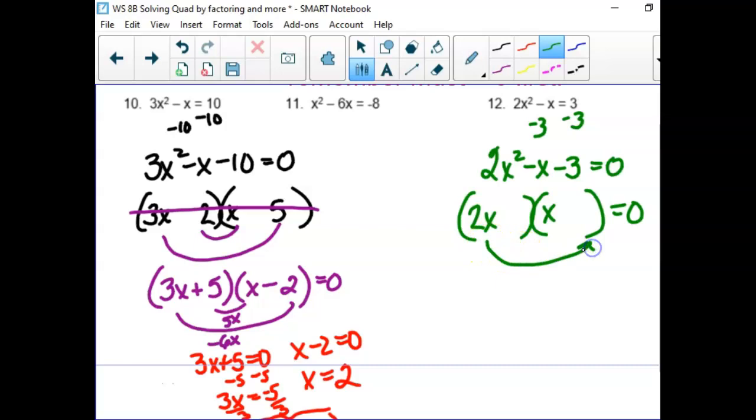Remember, this one's going to get multiplied by a 2. So putting a 3 back here would make that a 6, right? I think I'll try the 3 here and the 1 here. So right now I get a 2x, and in the middle I get a 3x. I want it to be a -1, so I want the 3 to be negative. If it takes you a while to FOIL that all out and figure it out, it's okay.